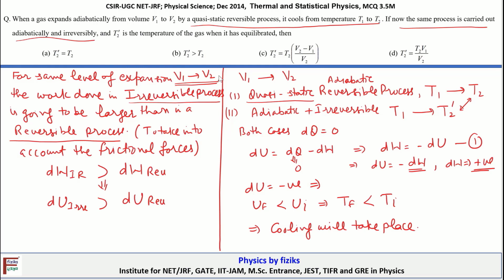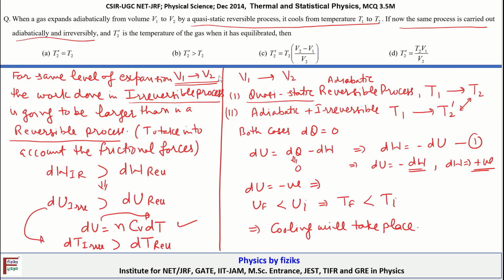Because delta U is connected with the change in temperature, dU during a particular process is equal to nCv dT. So with the help of this equation, we can write this inequality as dT irreversible is greater than dT reversible.